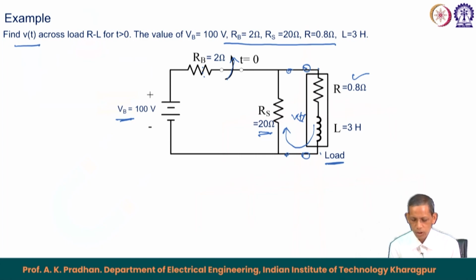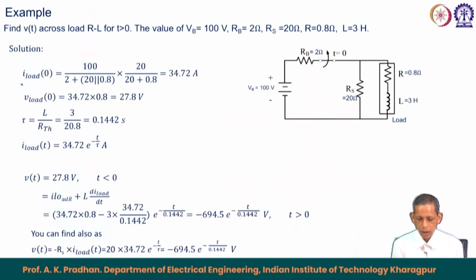So, for this we will solve the network like this. The current I L through the load at time 0, when the switch was closed, we analyze at steady state, where the inductor becomes shorted. The 100 volt source sends current that is divided into 2 parts: 100 divided by 2 plus 20 and 0.8 in parallel.